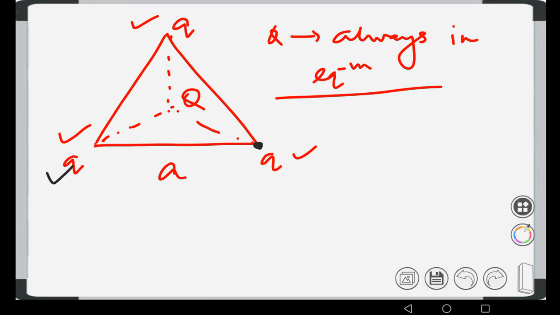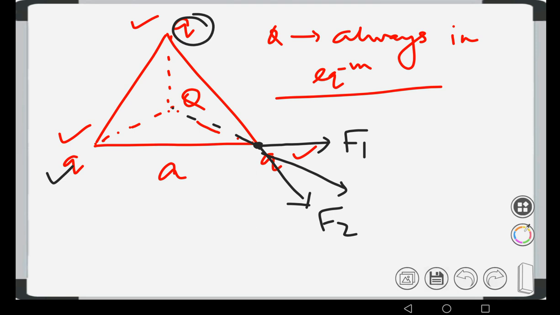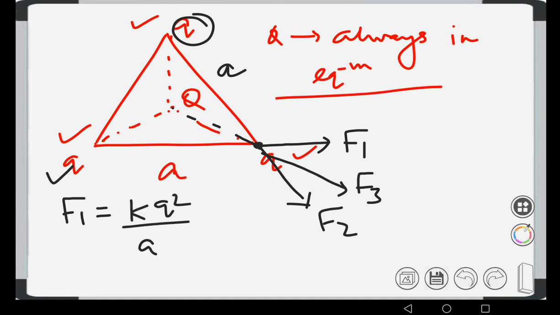This small q will apply force given by F1, this small q will apply force given by F2, and this capital Q will apply force given by F3. Clearly F1 and F2 should have equal magnitude because charges are the same and separation is also the same, and F1 is given by k q square by a square.